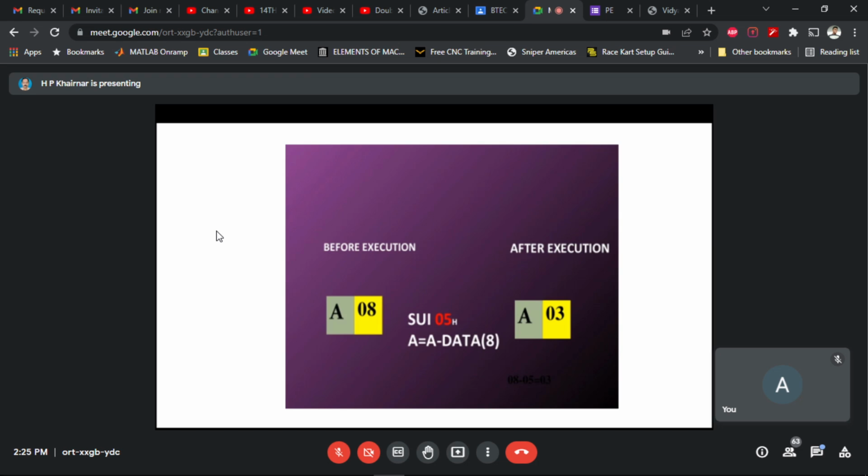So this output, those who were there today, you people have just stored at one particular memory location. Suppose you want to store it in the accumulator only. So what actually is the difference? What is the methodology to retain it in the accumulator, or to store it at a particular memory location, and what is the procedure?